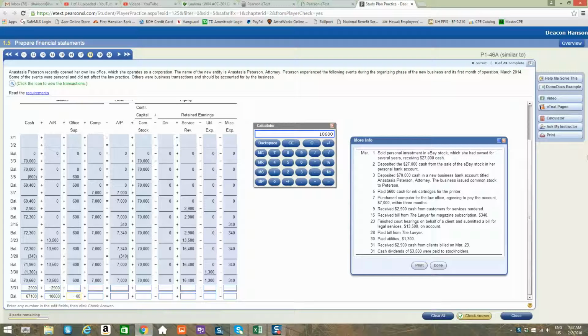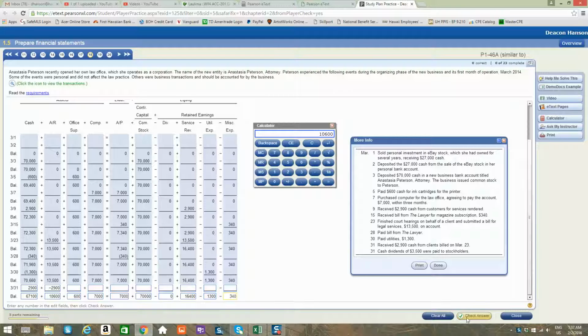And you move along. Right? If there's no change, then you can pull the balance down from the last transaction. Oops, be careful with your inputs.